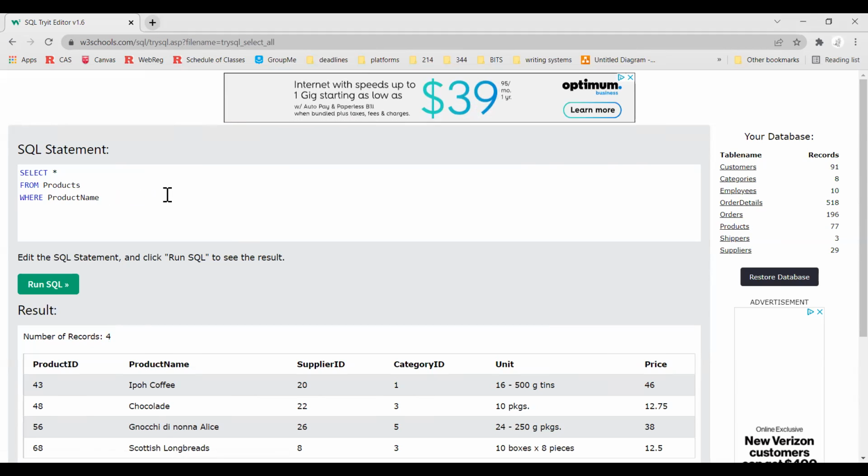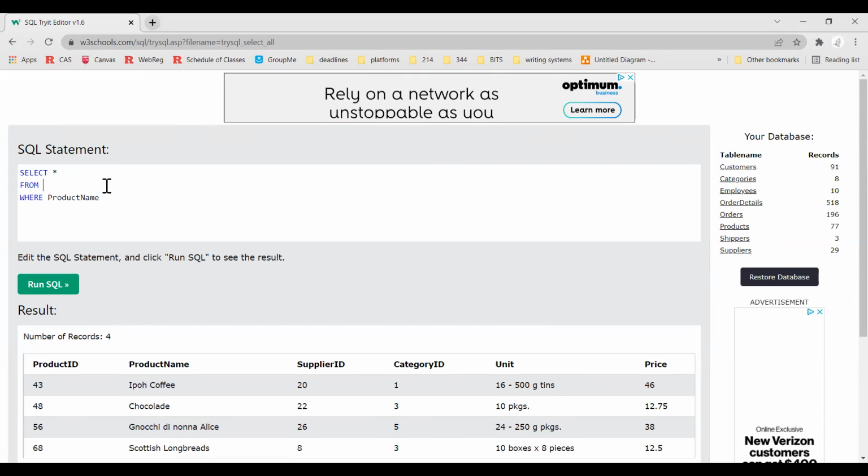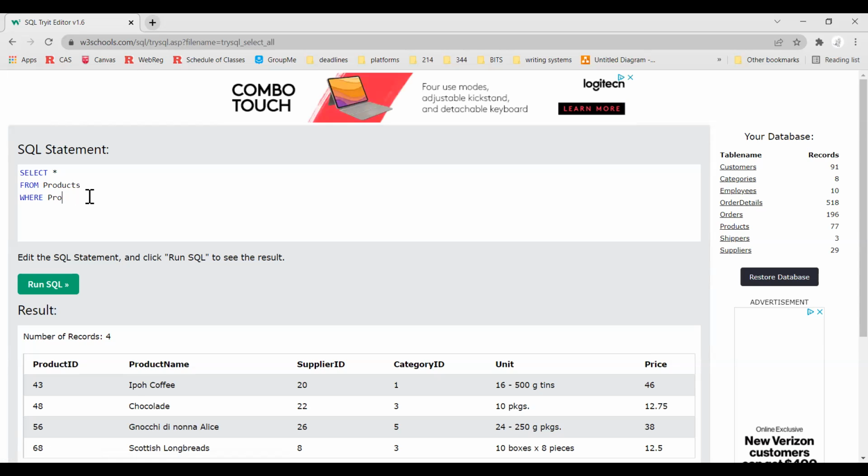Do you guys remember back when we were selecting those products, how we were looking at the supplier ID and we wanted it to be 1, 2, or 3? Well, there's actually an easier way to do that than having a bunch of OR statements.